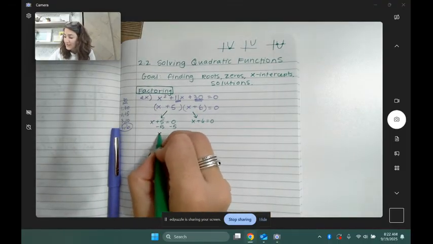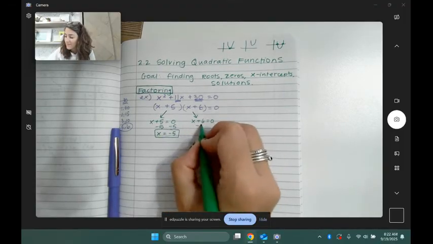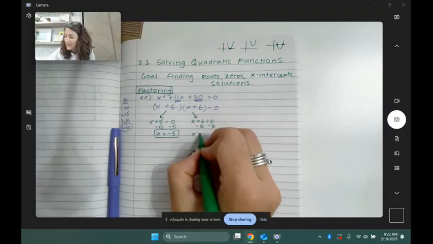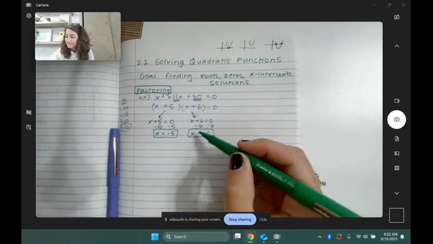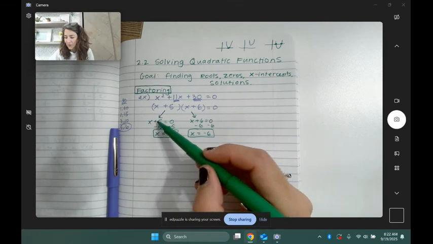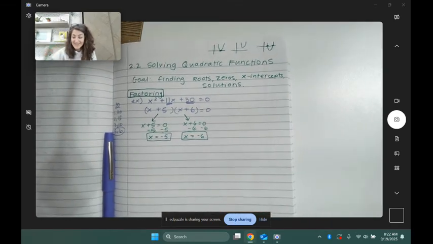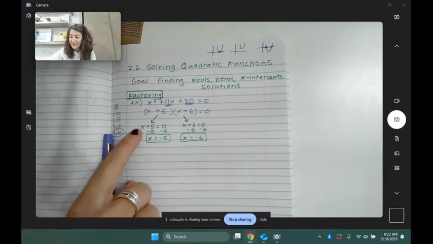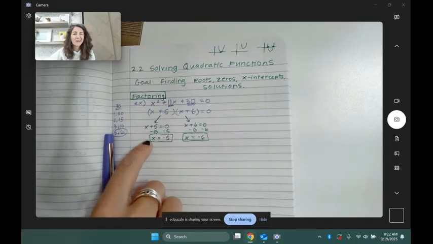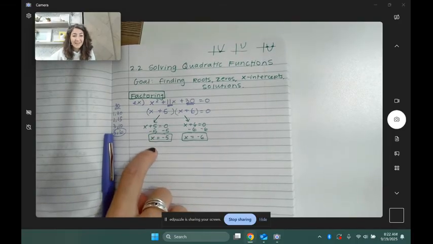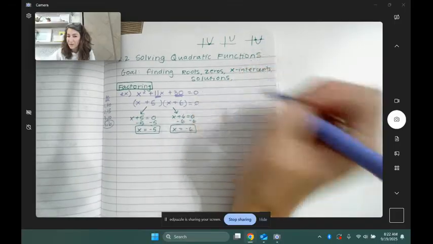Minus 5, minus 5, x is negative 5. Minus 6, minus 6, x is negative 6. Careful not to just flip whatever this number is, because sometimes there will be a number in front of the x. So be careful not to just flip it automatically. Just take a look at the equation a little bit first.